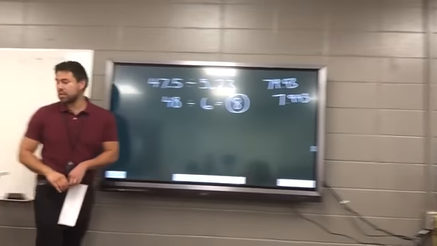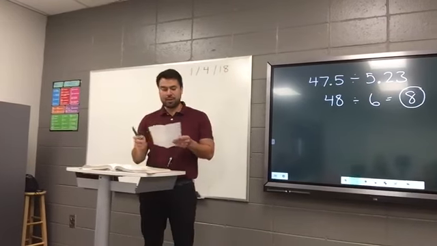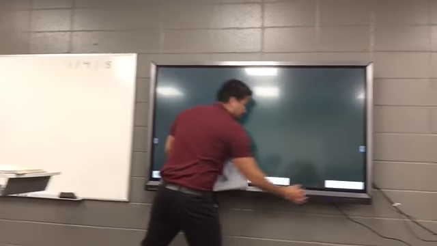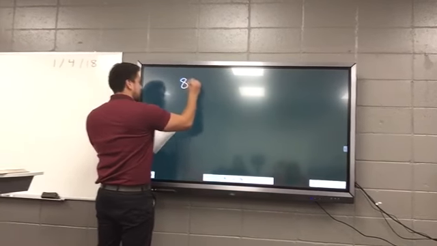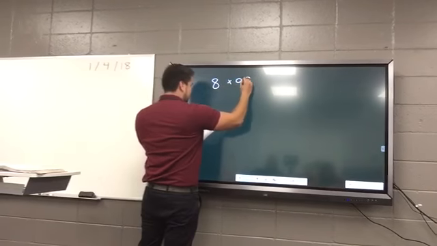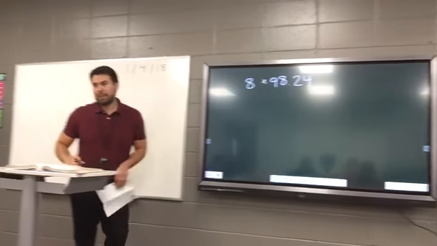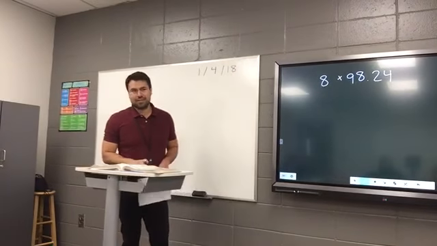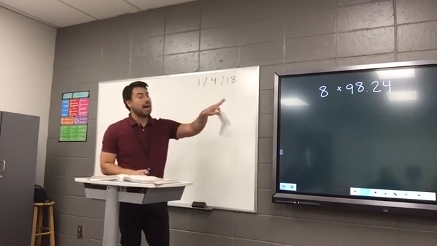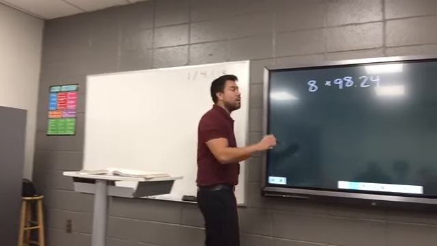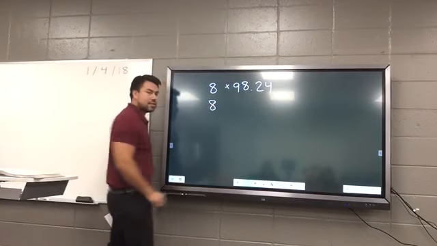Okay, so let's look at how we're going to do this using compatible numbers. I'm going to give you another example with multiplication. So 8 times 98.24. Ooh. Am I going to make you do this today? Just like it's written? Nope. I want you to use compatible numbers with rounding. So I'm going to leave 8 alone. It's easy to deal with, right?